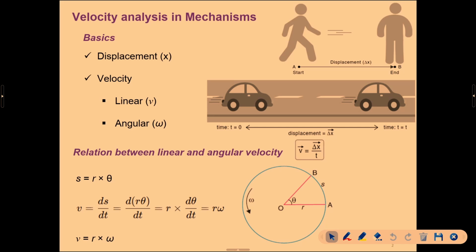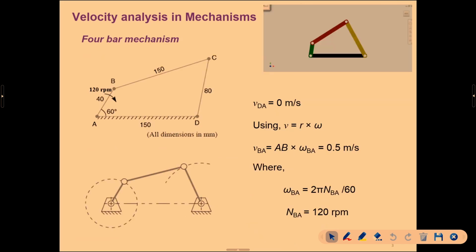As we know, it is the rate of change of angular displacement with time, which is angular velocity omega. So the linear velocity can be related to angular velocity as v equal to r into omega, where omega is the angular velocity and r is the radius of the circular path. This relation is very important in making velocity analysis in mechanisms.